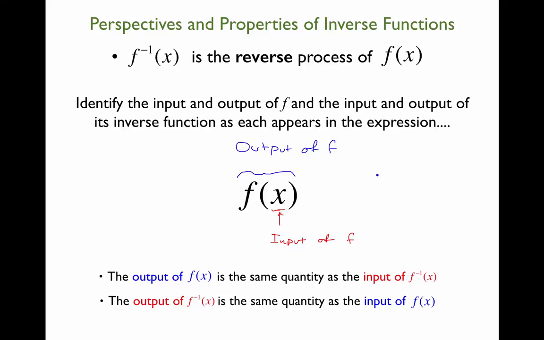Where in that expression do we see the input of f inverse? The whole thing, right? The whole thing will be like an input into f inverse. So it's in disguise, it's not overtly there, but because we're looking at something about the function f, kind of implied is that that whole thing also represents the input of f inverse.